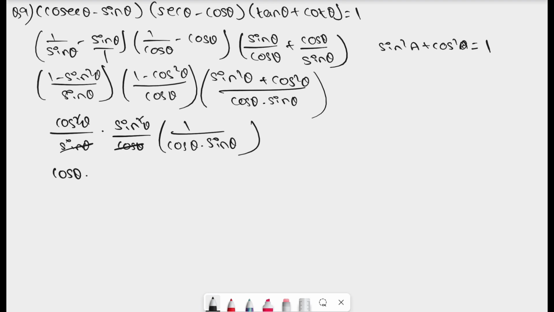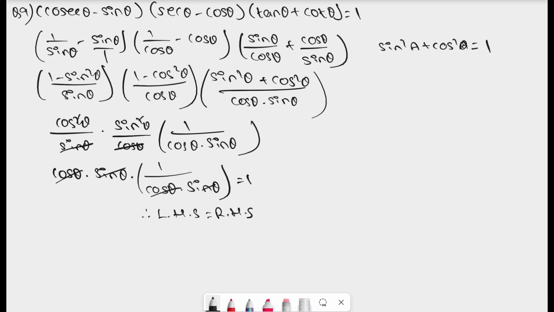Here we have cos theta into sin theta, which is multiplied by 1 by cos theta into sin theta. So both the numerator and denominator values get cancelled, and our remaining answer will be equal to 1. Therefore, LHS is equal to RHS.